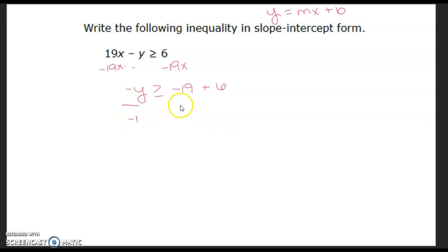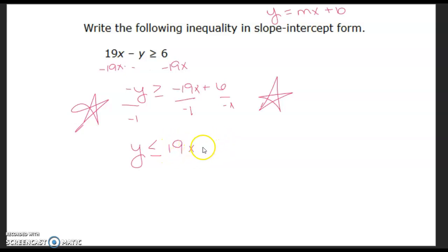And then I'm going to divide everything by -1. That's my little star. It reminds me to flip my symbol. So now it's going to look like that. This 19 turns positive, this 6 turns negative. And that is my final answer.